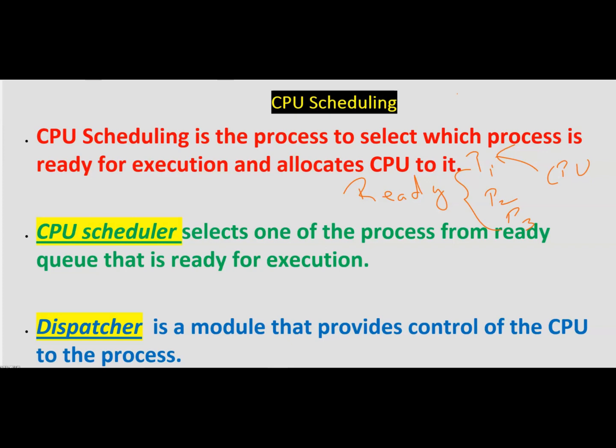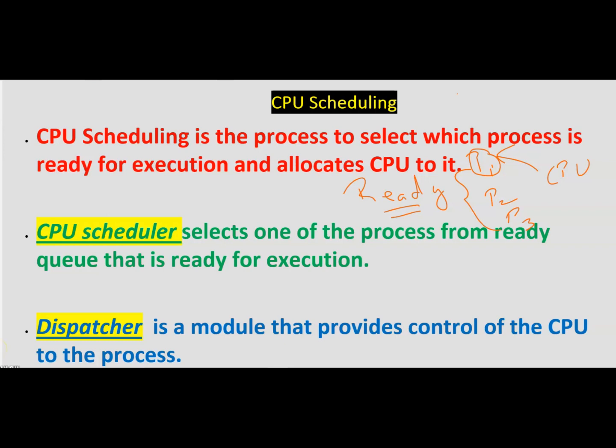It selects one of the processes from the ready queue. We can assume that right now P1 has been selected for the CPU allocation. So the CPU scheduler selects that P1 is going to get the CPU and is ready for allocation. The next component is the dispatcher.